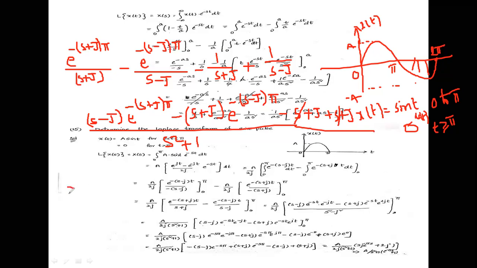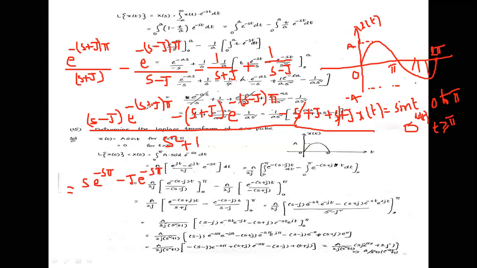Now, still we go for the simplification. S into e power minus s into pi, and the minus s into e power minus s j into pi. Both are to get cancelled, and we get plus s into e power minus j into pi. So I will simplify that one. S into e power minus s into pi minus j into e power minus s into pi.